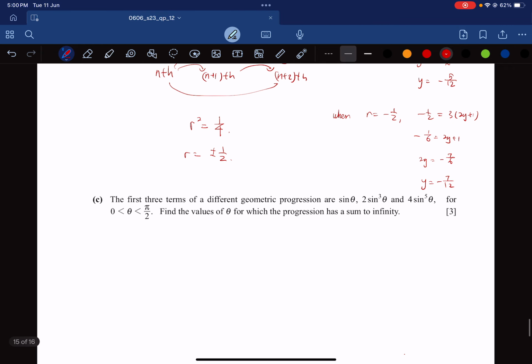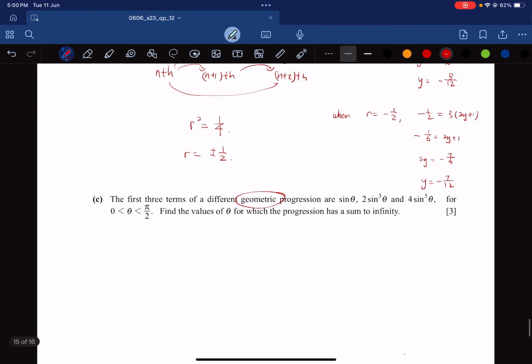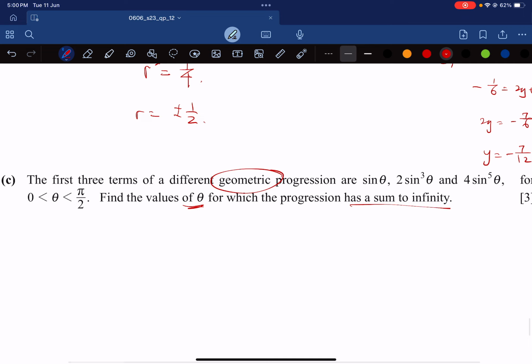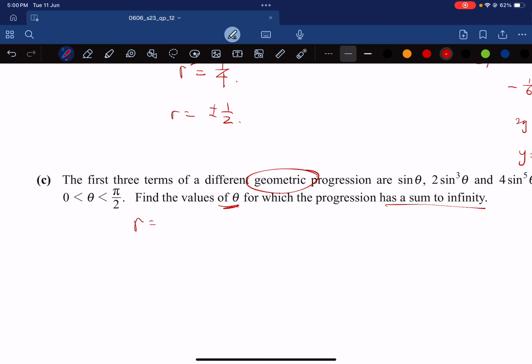Alright. The first 3 terms of a different geometric progression are sine theta, 2 sine squared theta, sine cubed theta. Find the values of theta for which it has a sum to infinity. So that has some requirements on the r, right? Let's work out the common ratio r first.